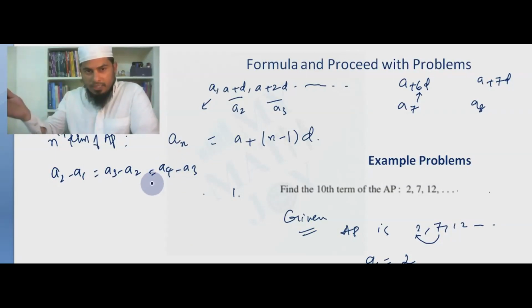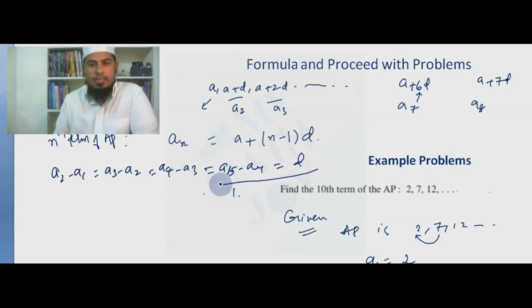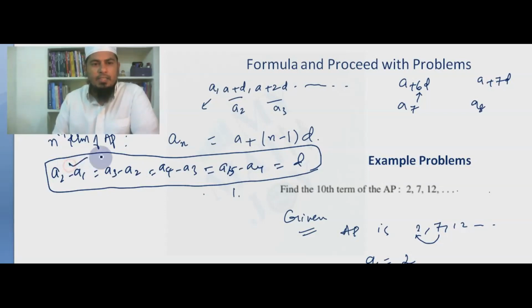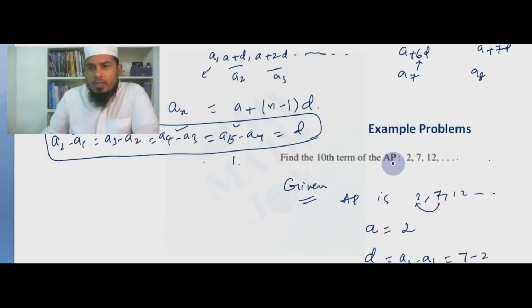The coming successor will be written first, then the predecessor. a4 minus a3 will be equal to a5 minus a4, and this is called d. The common difference can be found with any of these. This is also d, this is also d. a100 minus a99 is also d, the difference of two consecutive terms. Based upon this formula, let us proceed and do problems.